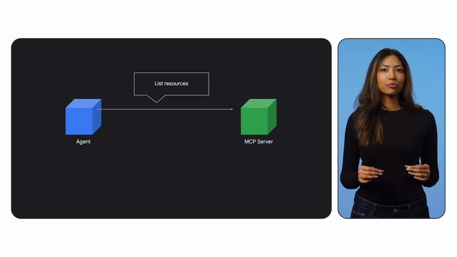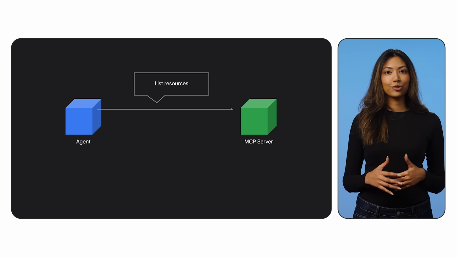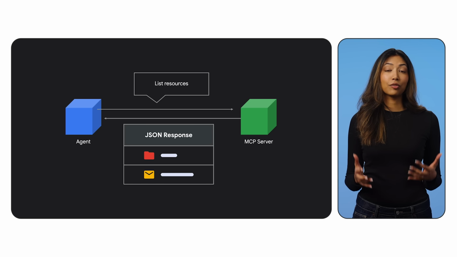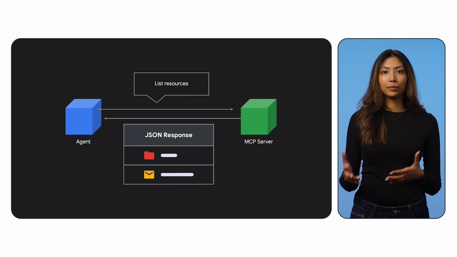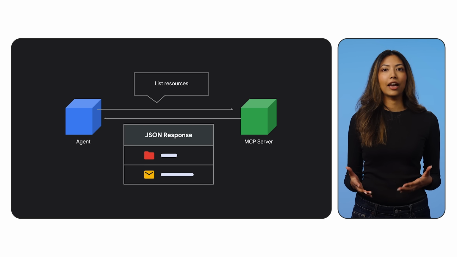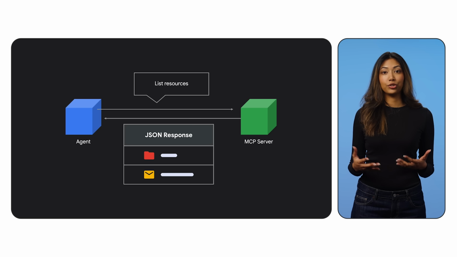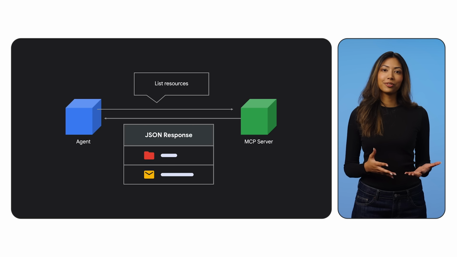The communication between these two sides happens through a really simple and well-defined schema. The client sends requests like list available resources, call this action, or retrieve this data. The server then responds with a structured JSON describing what's possible and what happened. That's the essence of MCP, a standardized way for models to talk to their environment.